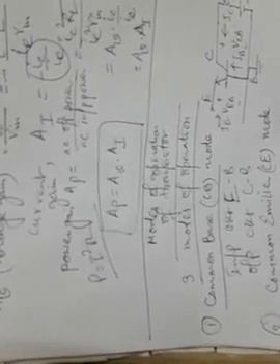Now the second mode is common emitter mode, CE mode. Much like the previous one, here the emitter is common, so take an NPN BJT. This is the base, this side is the emitter, and this other side is the collector.